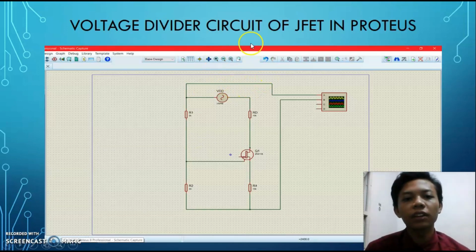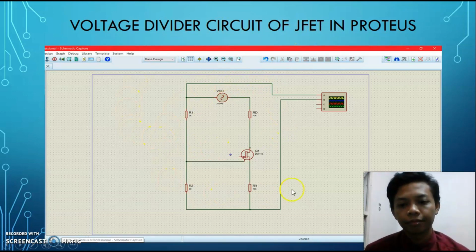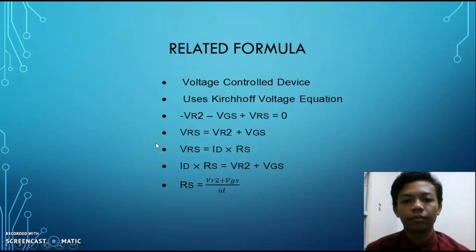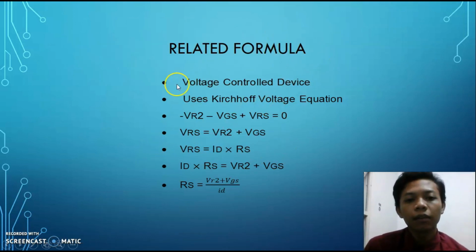Okay, this is the voltage divider circuit of the JFET in Proteus. The related formulas for the JFET are: one, it is a voltage controlled device, so use the Kirchhoff voltage equation.